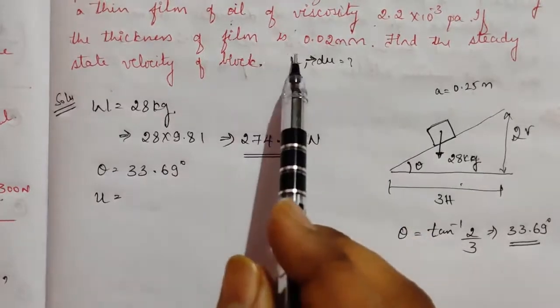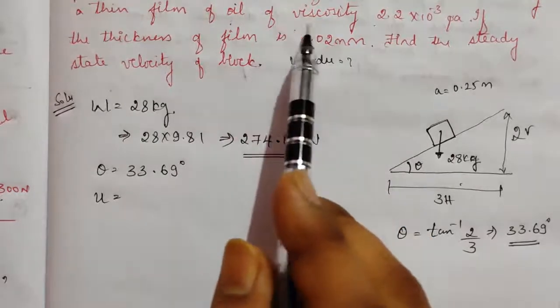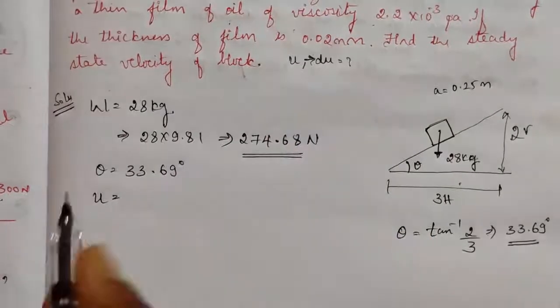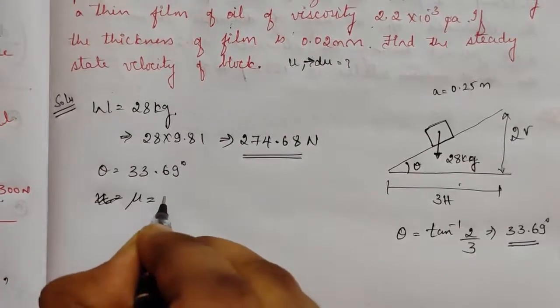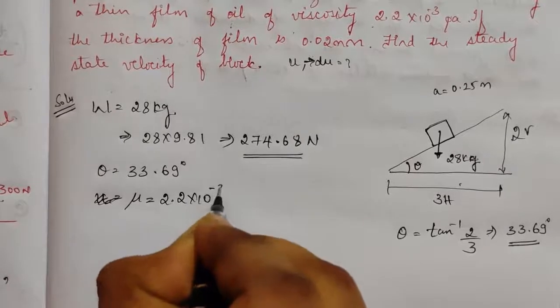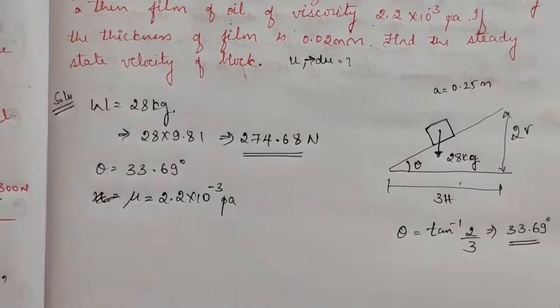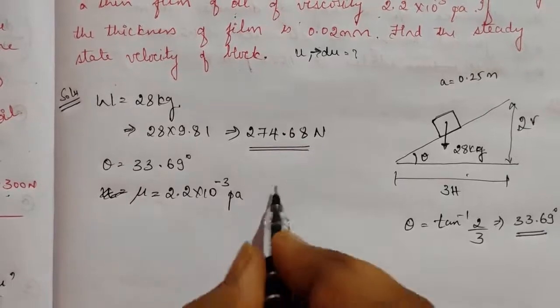Thickness of the film is given, velocity we have to find. The oil viscosity is given. How much is it? 2.2 into 10 power minus 3 Pascal. They have directly given it in Pascal, no problem.